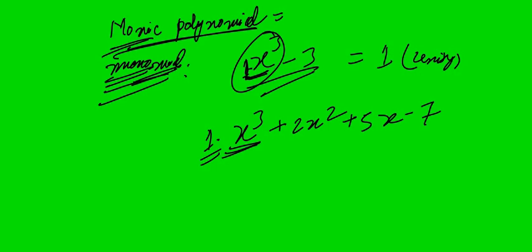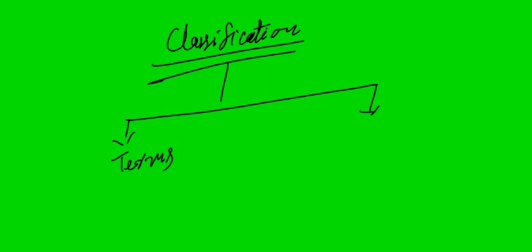Now we are going to talk about classification of polynomials. Classification of polynomials depends on terms and degree. We are having two types. First we will talk about according to terms, and second we will talk about according to degree.